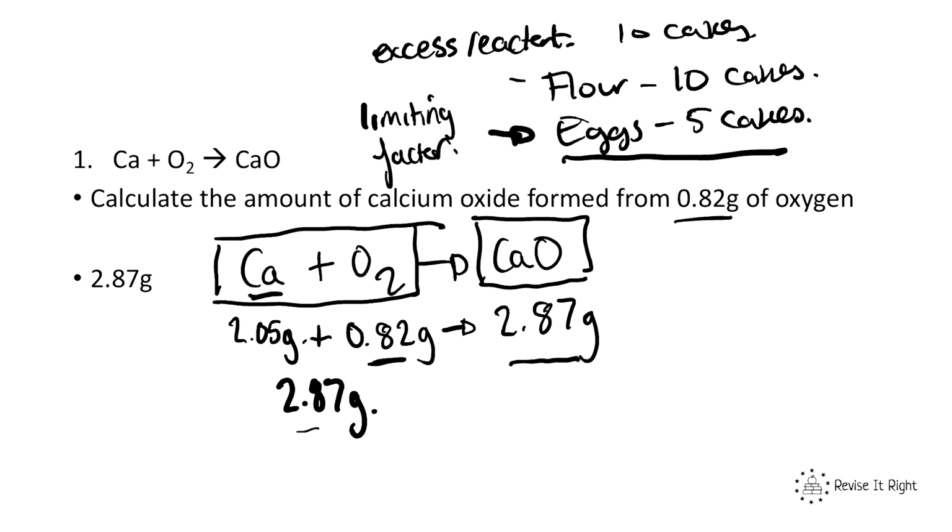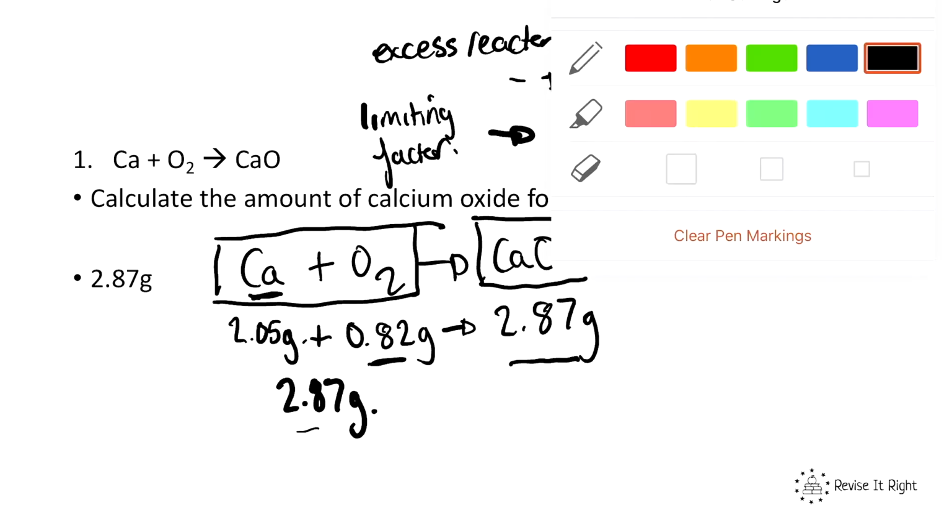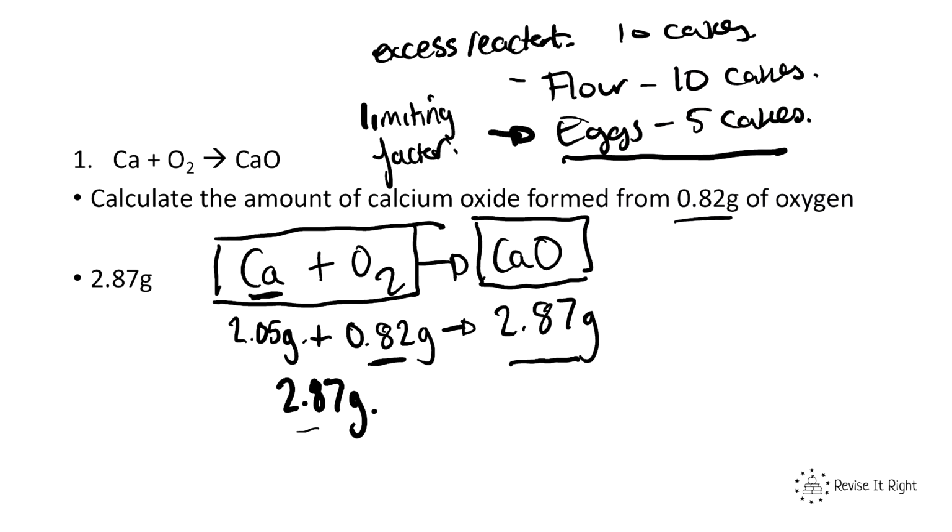Now let's go back to this example here. That's calcium plus oxygen gives calcium oxide. Say for example that actually we need 2.05 grams of calcium, but we only had 1.5 grams of calcium. We would no longer be able to make 2.87 grams of calcium oxide, even though we've still got enough oxygen.